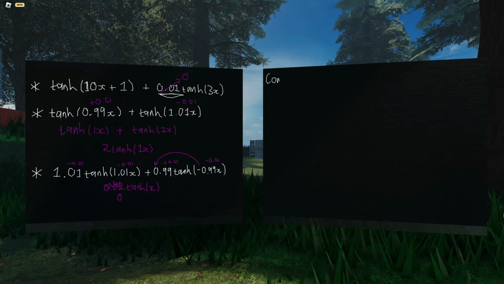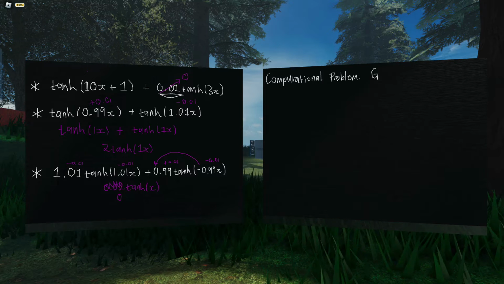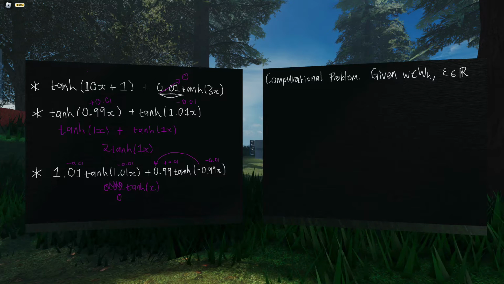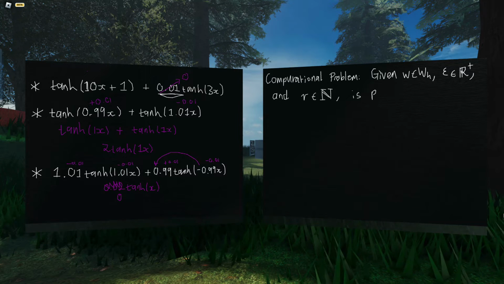Computational problem. Given W and epsilon, and a particular prospective rank bound R, is the parametric approximate rank at radius epsilon of W less than or equal to R?